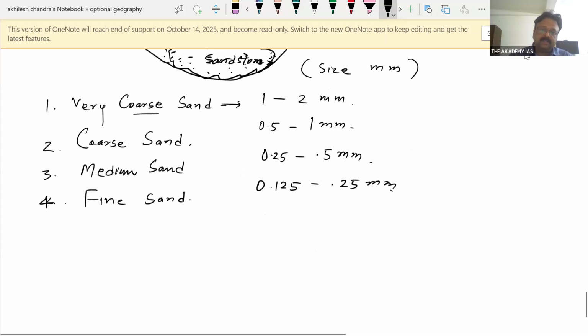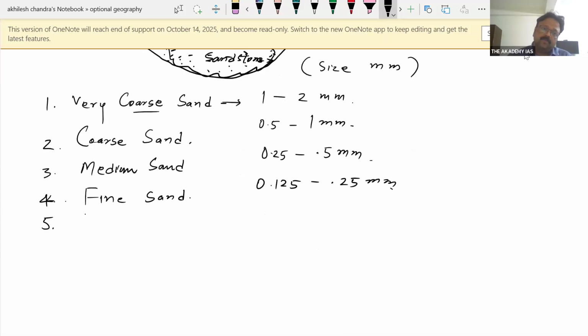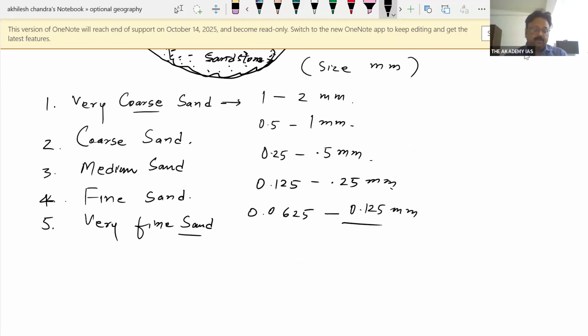And the fifth is very fine sand, 0.0625 to 0.125 millimeter.